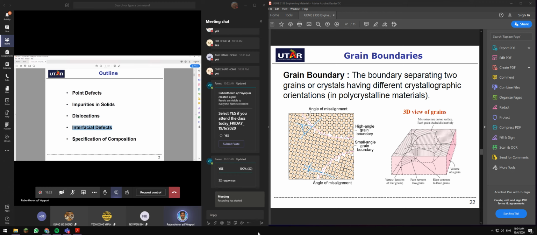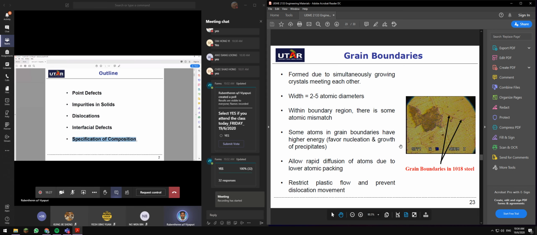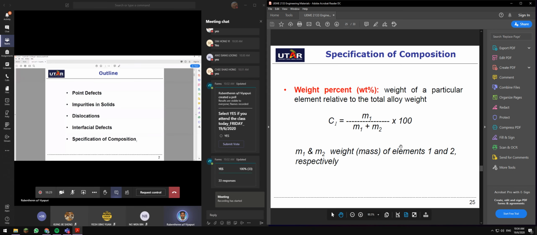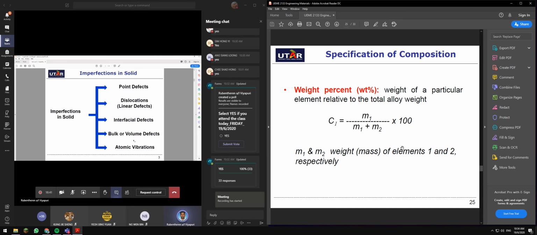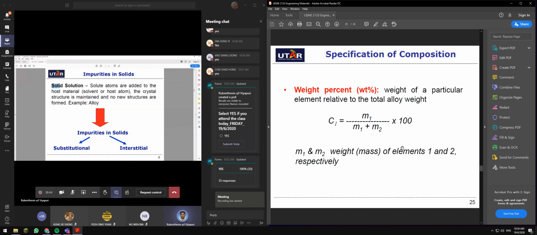For today's lesson, I'll be focusing more on specification of composition, specifically for alloys. Remember, an alloy is also a defect, in terms of solid solution, impurities in solids.